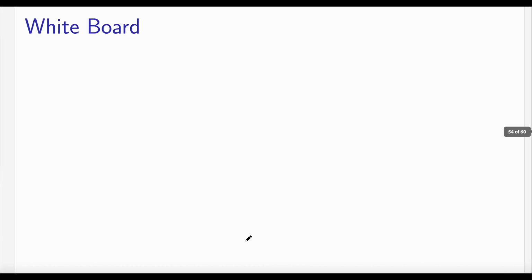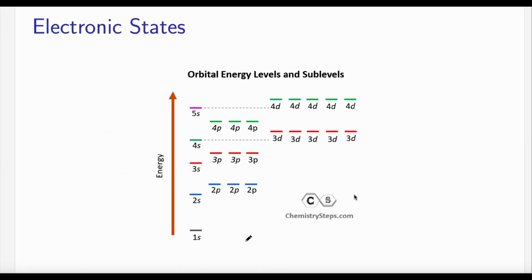So this is the energy scale. Energy increases in this direction. The lowest energy is 1s. The electron in the 1s state has the lowest energy.